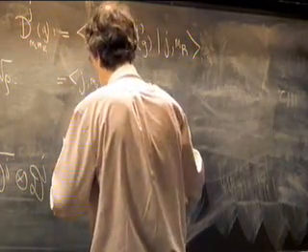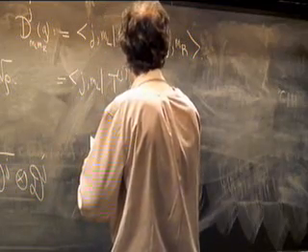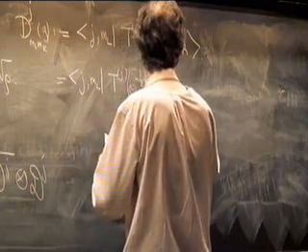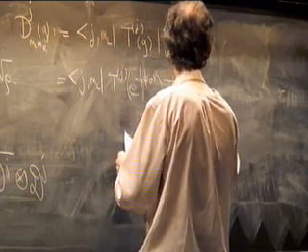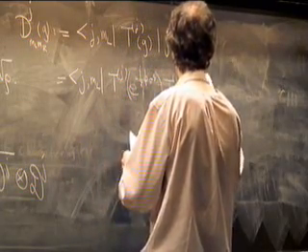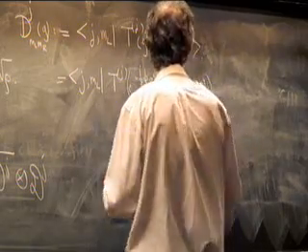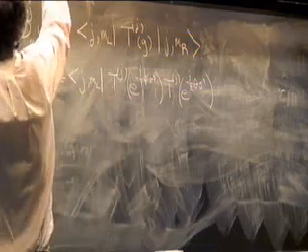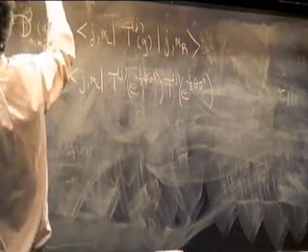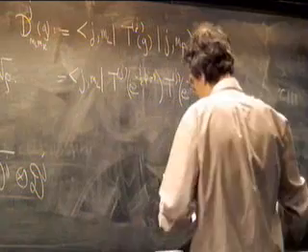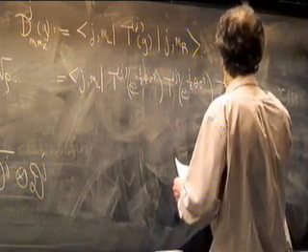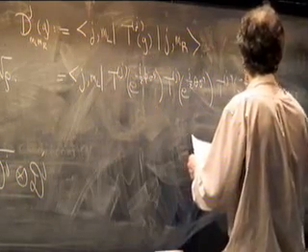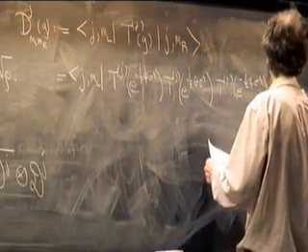T of J of e to the minus I over 2 phi sigma 3, T of J of e to the minus I over 2 theta sigma 2. Phi and theta are the usual angular coordinates on S2. And we have T of J e to the minus I over 2 psi sigma 3 J m.